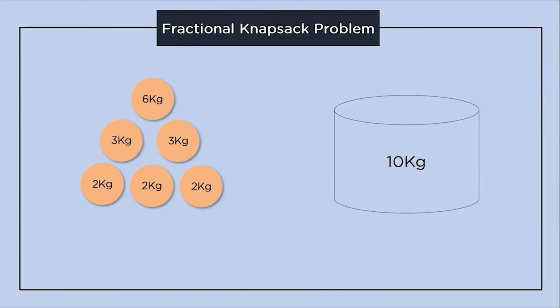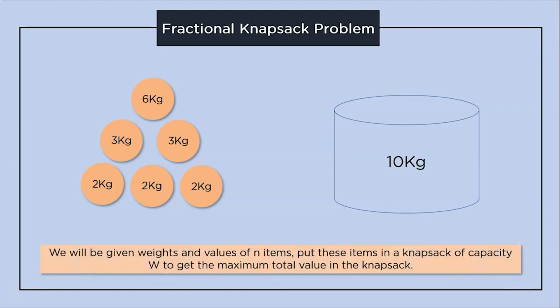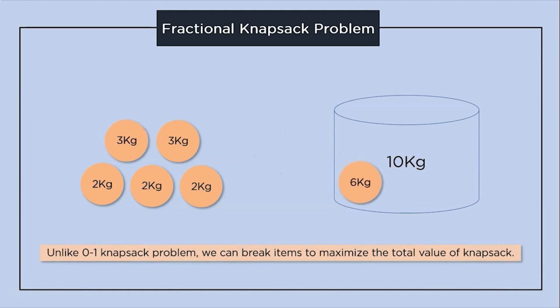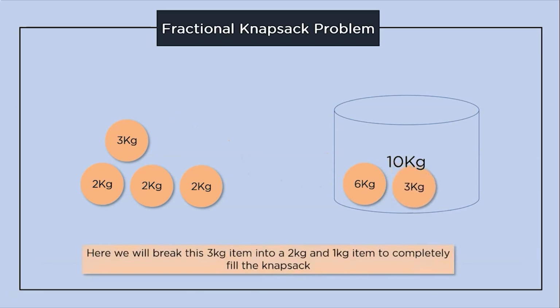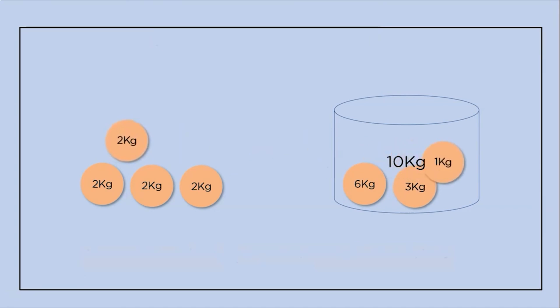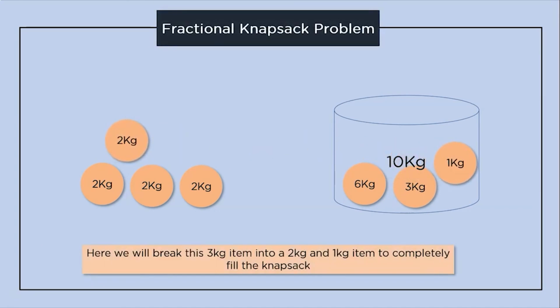Now we have to get the maximum total value in the knapsack. Then we will have to keep filling this knapsack, but unlike 0-1 knapsack, we can break an item to get a maximum value of knapsack. Here we will break this 3 kg item into a 2 kg and 1 kg item to fill the knapsack.